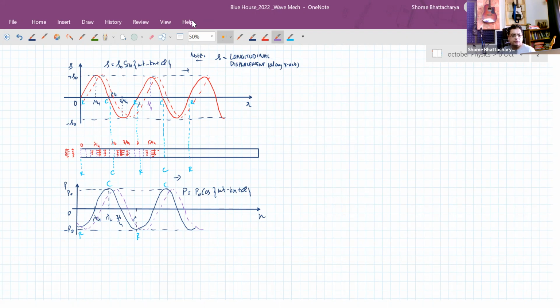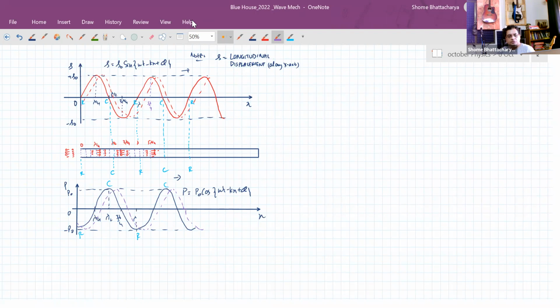So you can think of intensity in a sound wave as something relatable to power that we discussed for a transverse wave, but instead of the power in watts, here we discuss the intensity in watt per meter square. But very much like the average power was proportional to the square of the amplitude, you will see intensity is also proportional to square of amplitude, whether we are talking about the displacement amplitude or the pressure amplitude, because they're proportional to each other. So we'll look at intensity and more things in the next lecture.